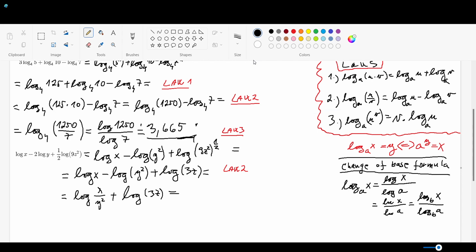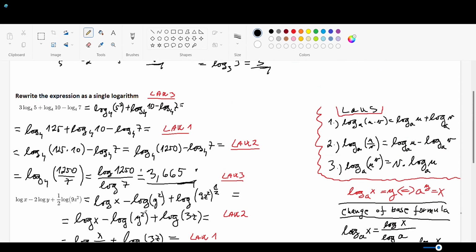It is equal to, now you will use law number 1, as we have the addition here, so it is going to be log, and I'm pretty sure you already know that the result is going to be 3xz over y squared.